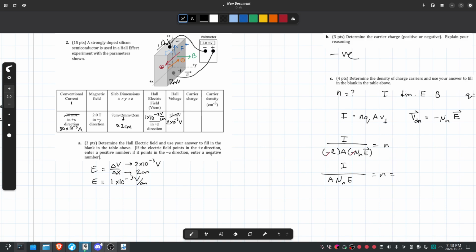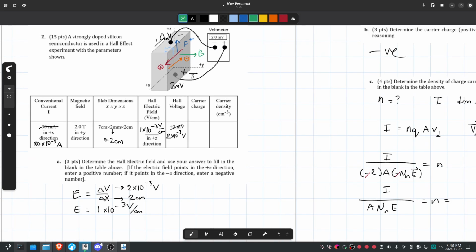So what's our current? We have 30 times 10 to the negative 3 over the area. When it says the area, that means the cross-sectional area of the current, right? This is area, which is going to be Z and Y. So it's going to be 0.2 times 2.